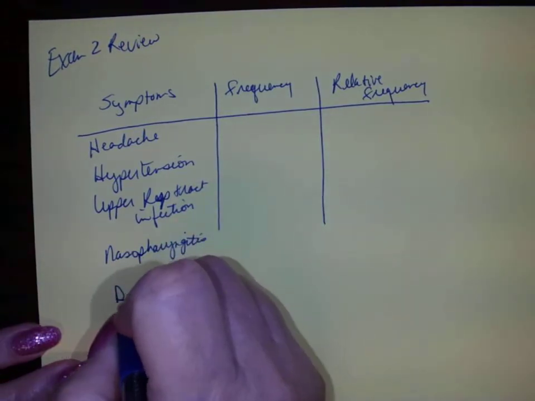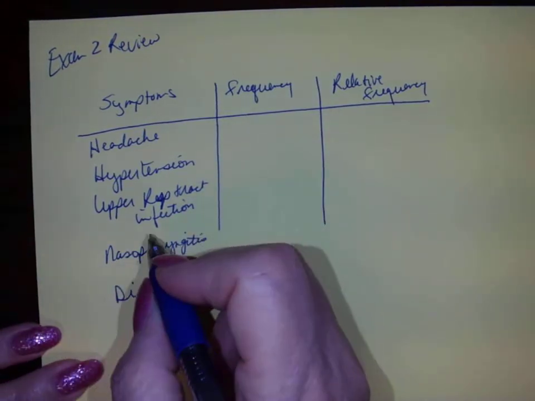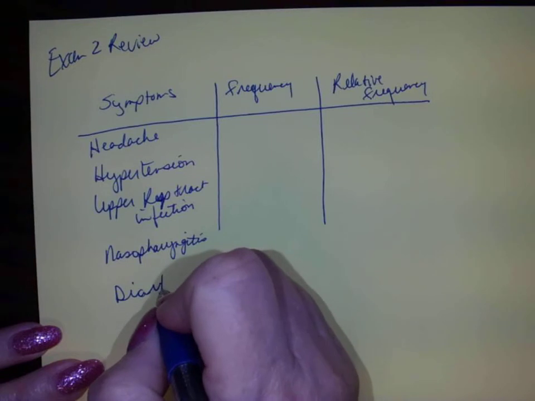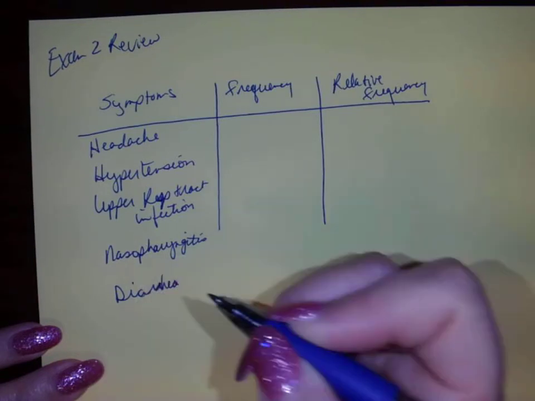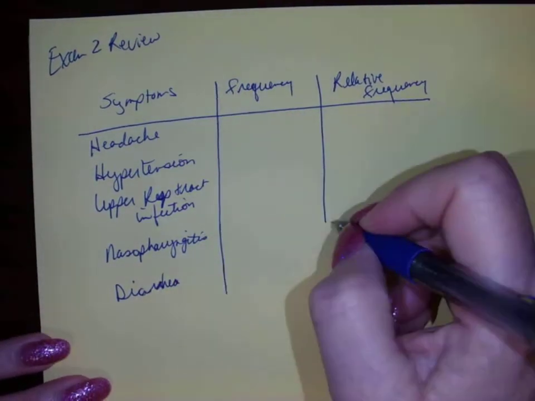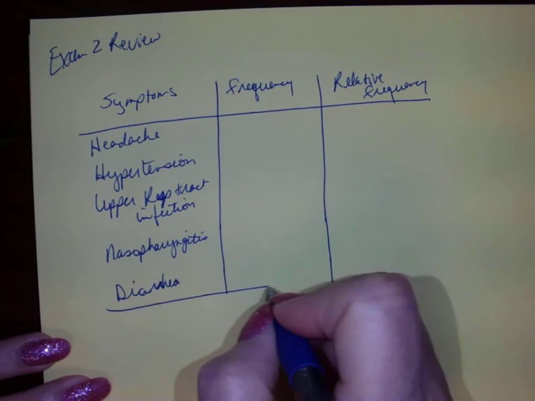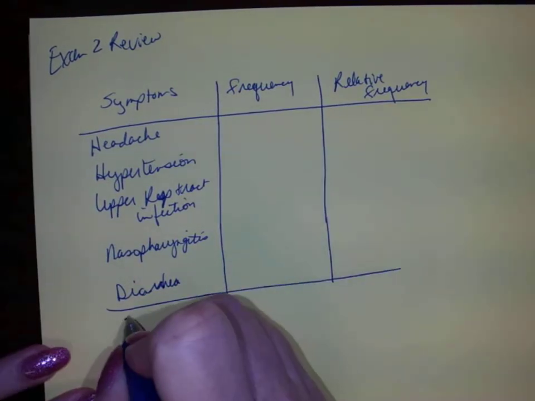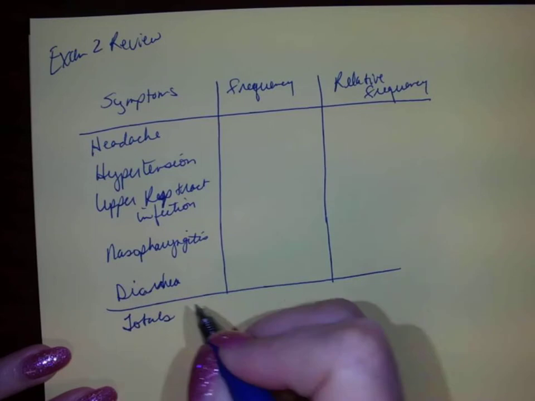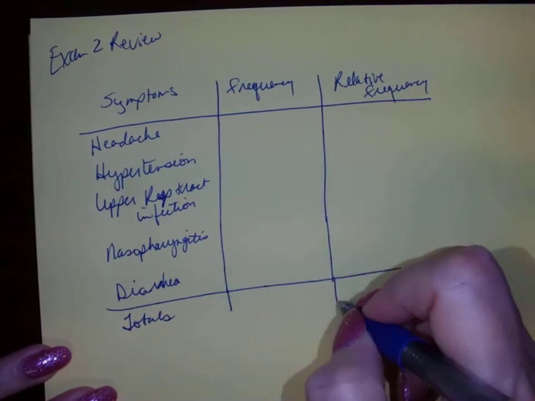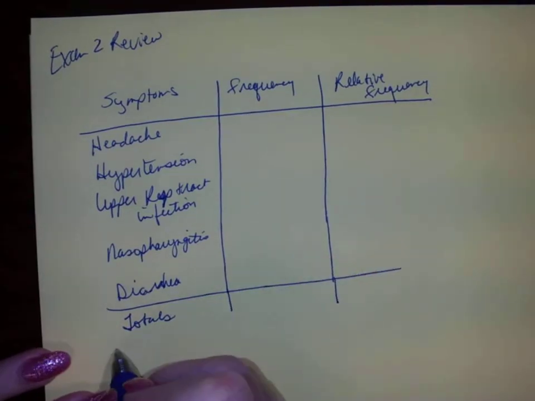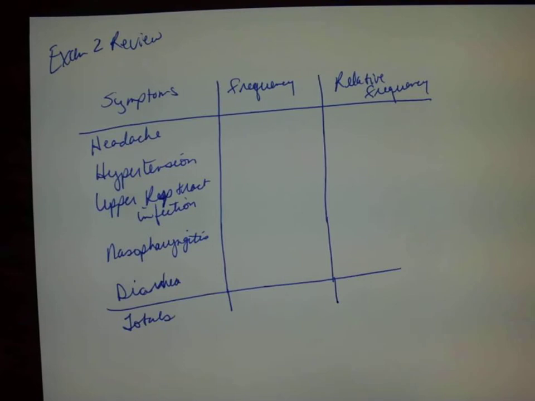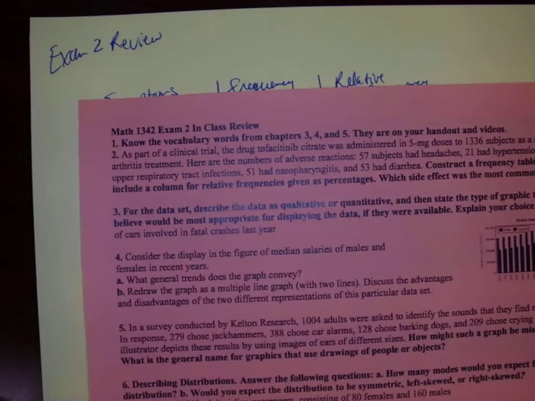And then we have diarrhea. All right. Okay, and then typically we're looking for the totals at the bottom, right? Because the totals will give us an idea that we're getting everybody into there. All right, so every data point is accounted for.